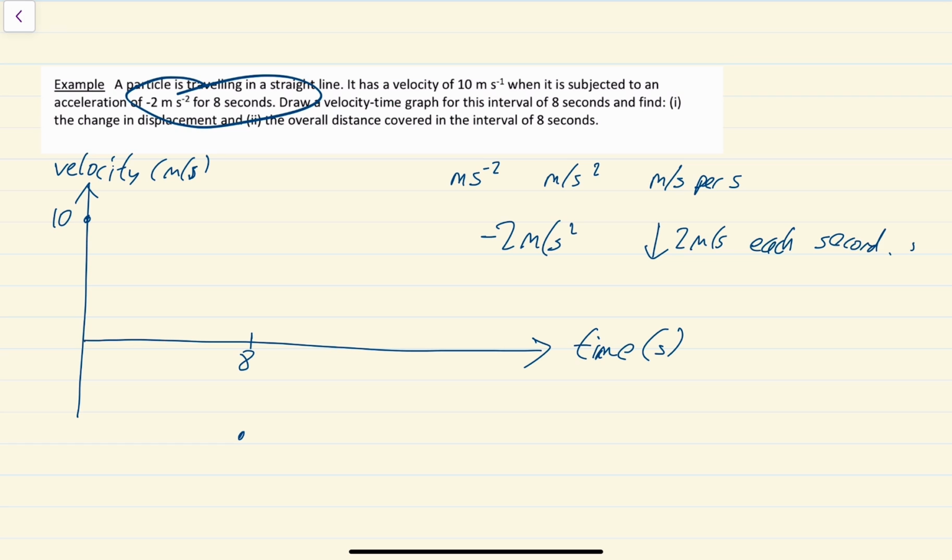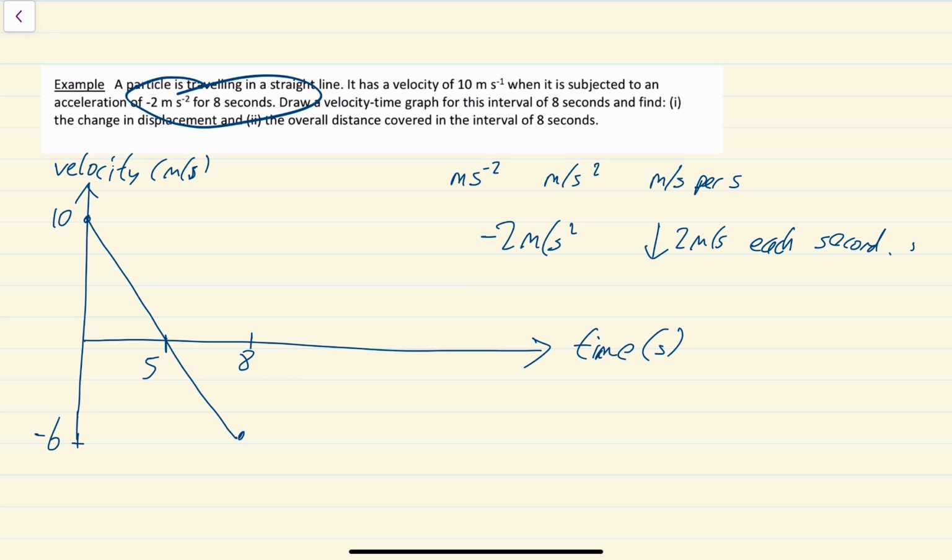So in 8 seconds, I've gone down to here, and that is going to be minus 6. So from 10 down 16 takes you to minus 6. And also, you'll go from 10 to 0 in 5 seconds. So that's what we've got. Okay, so there's your velocity time graph drawn.